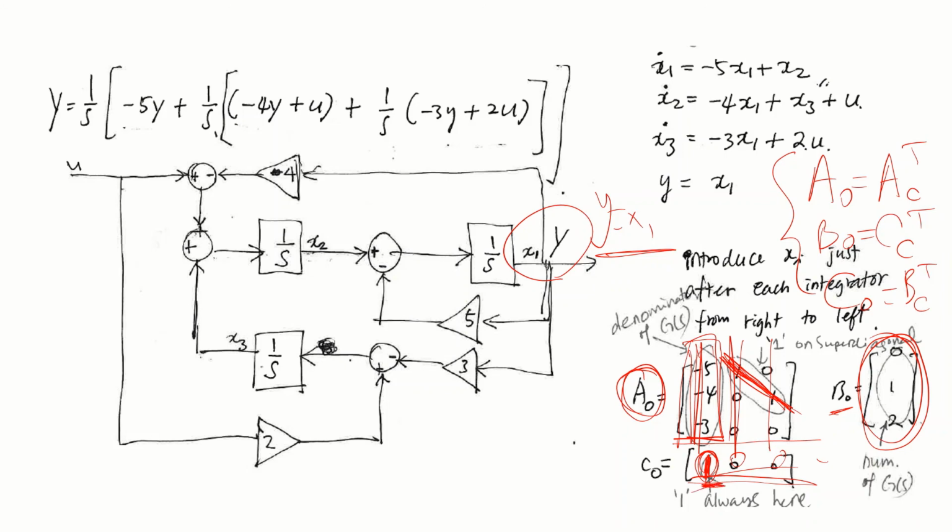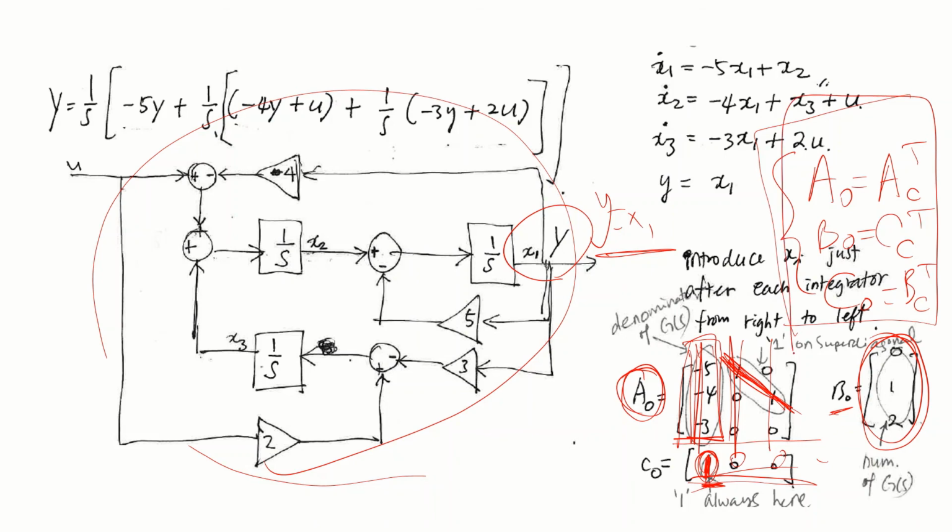Okay, and although the ways of getting these block diagrams are totally different if you compare this observer canonical form and control canonical form, these two realizations have this beautiful relationship. This is called duality. And you are going to see this duality when you design control and observer.